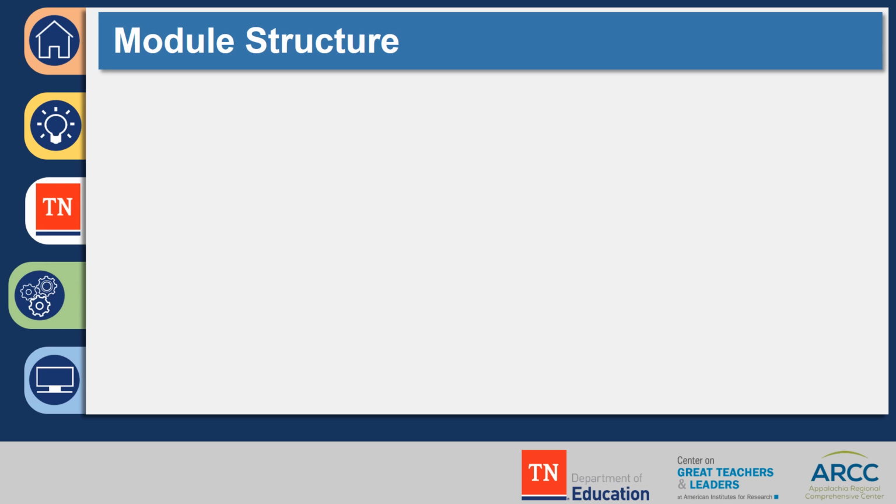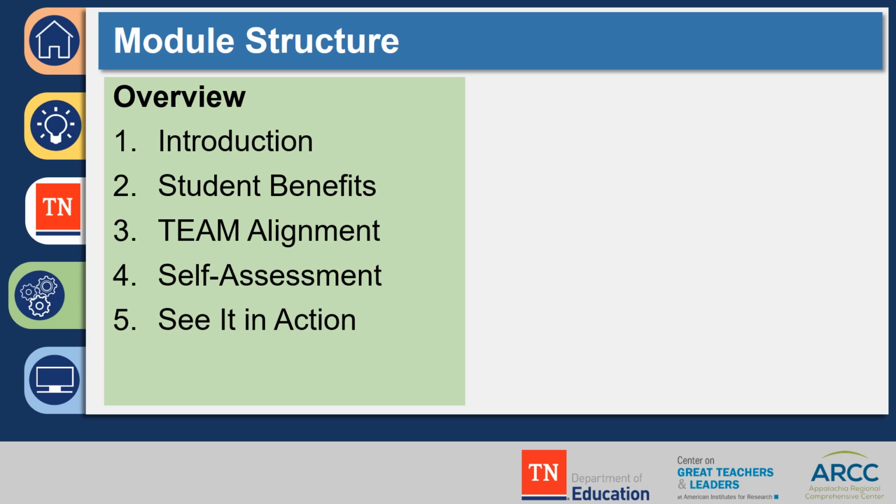Each module is divided into 2 sections. The first section is an overview of one of the 10 teaching practices, including why the practice is important and how it supports social and personal development.